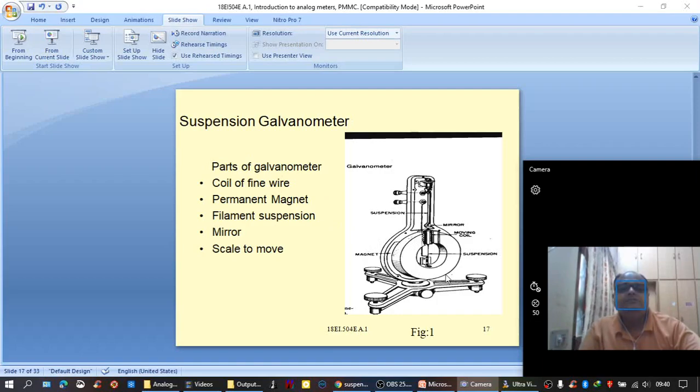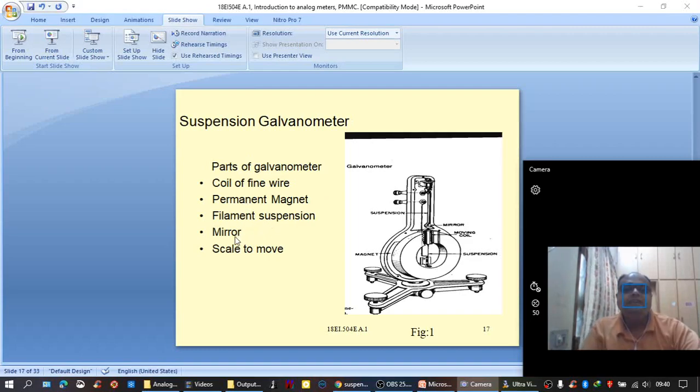Here is the permanent magnet, and filament suspension. A filament in the sense a thin wire which is used for suspending the coil in the field of the magnet. Here the upper one and here the lower one. This is the filament for suspension.